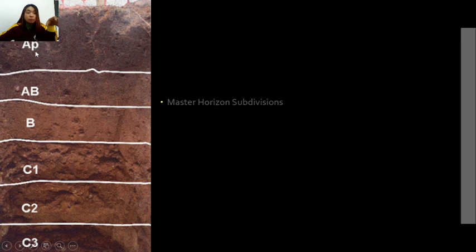So, this P usually means it is plowed kasi. So, it is because of human activities, P. And then, this one is between A and B, pero mas dominant si A. That is why nauna siya. A and B. And then B, C1, C2, C3. Ganyan. Pero wag na yon, okay? Sa master horizon lang tayo focus.